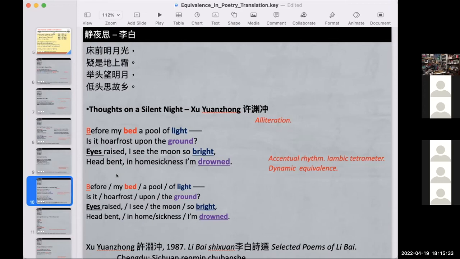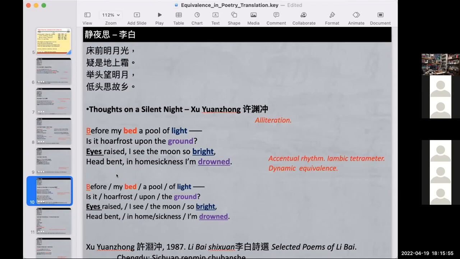I see the moon so bright. Ta-tam ta-tam ta-tam. Head bent. This is a spondee, both of them receive the stress. Tum, tum. Same as the third line, eyes raised, head bent. In homesickness, I'm drowned.